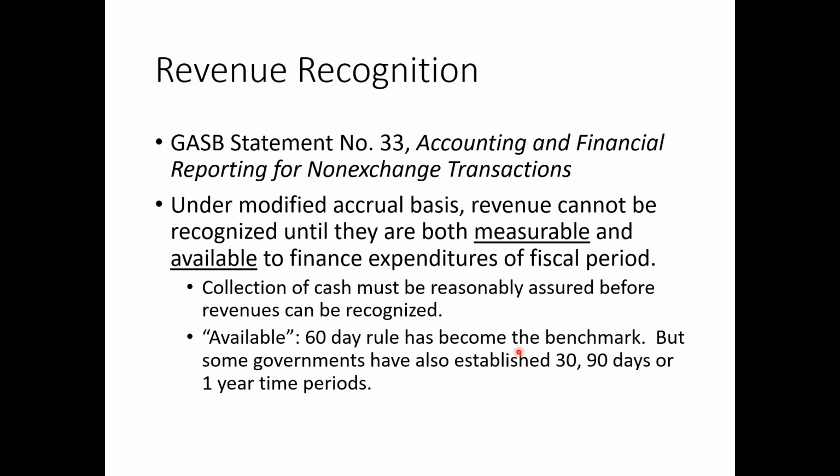Okay, we apply the 60-day rule most likely for the property tax. But some governments have also established other rules, 30-day, 90-day, or even a 1-year time period. But typically we have this 60-day rule. This is widely acceptable.